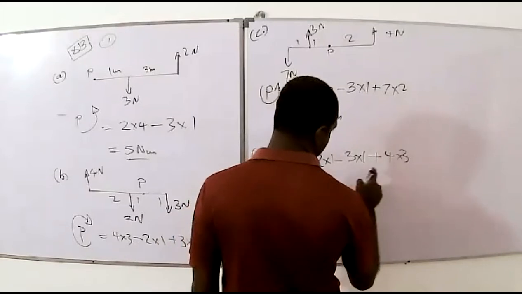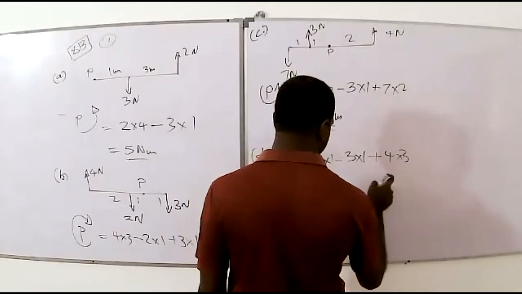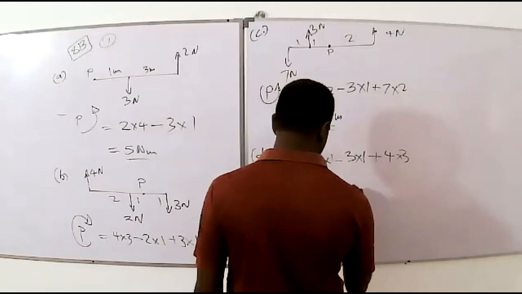So 2 minus 1, so it's going to be 14 minus 11 Newton meters.